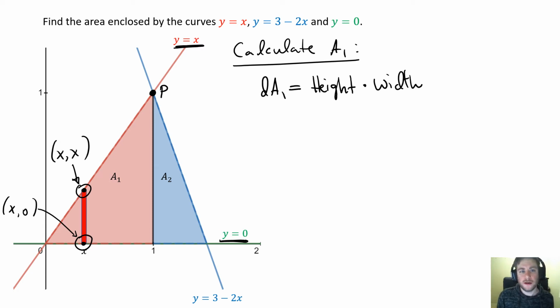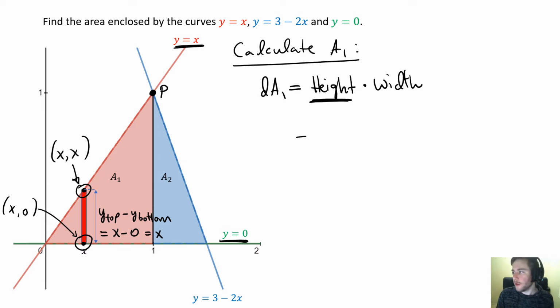Now that we have these coordinates, we can get the height of our rectangle, and since that's a vertical distance, it would be the difference between these y coordinates. At the top, the y coordinate is x, and at the bottom, the y coordinate is 0. And of course, x minus 0 is the same thing as x. This is our height.